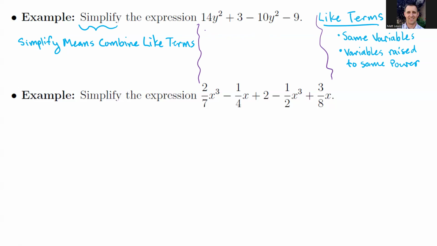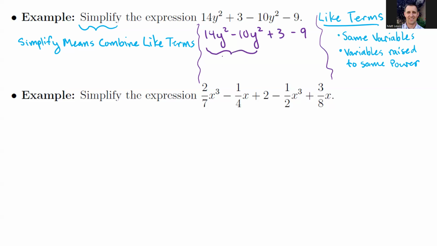And so this second step here, maybe you won't find necessary, but just to be really clear about what's going on, I'm going to put the like terms next to one another.